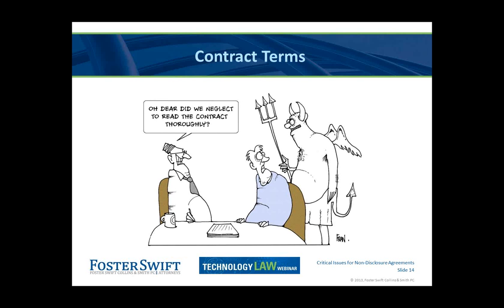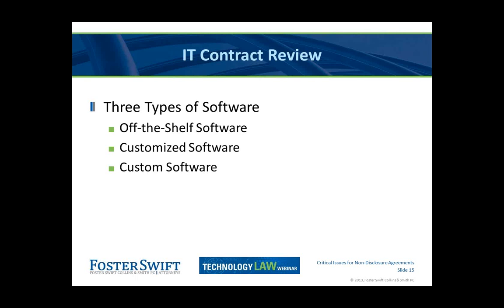Then you have customized software, which is kind of a hybrid of software that comes out to a business, and they customize it to your needs. And then you have the concept of custom software, where software is actually being developed either jointly by the business and the developer, or by the developer for someone or some other industry.